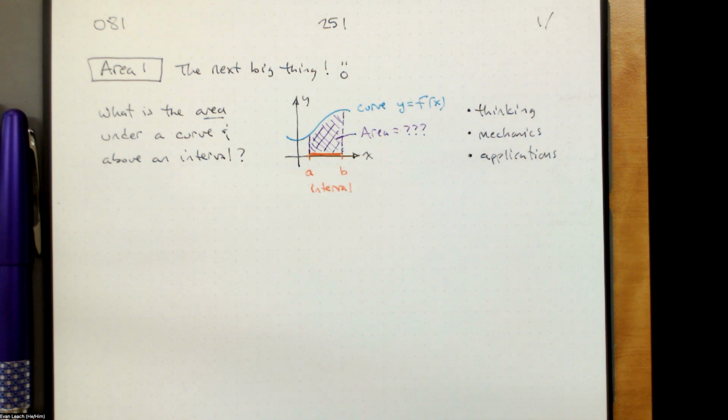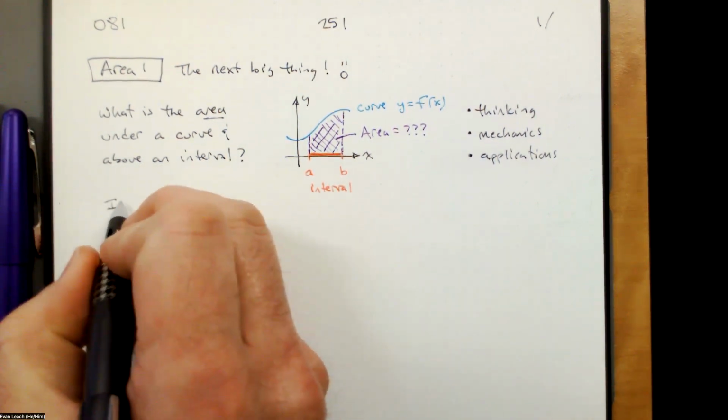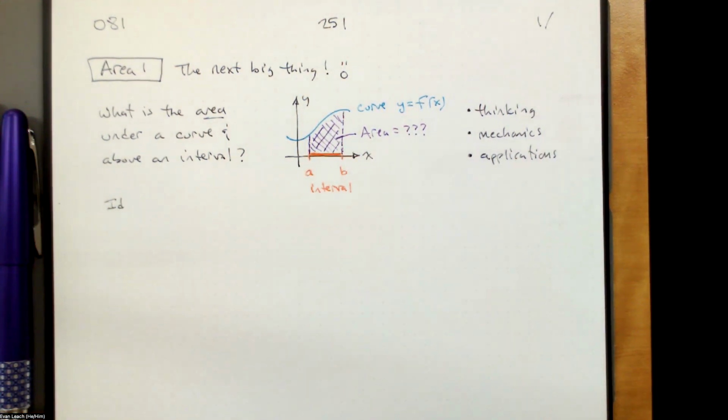Now, the thinking that has to come into play here is that since this is a calculus class, there's going to be some continuous change. And continuous change shows up right at the beginning because we are trying to calculate an area, and we're going to go with the only area formula that we ever need, which is the idea of area. Area is length times width. That's it. That's just the idea of area. I'm just going to write it down like that.